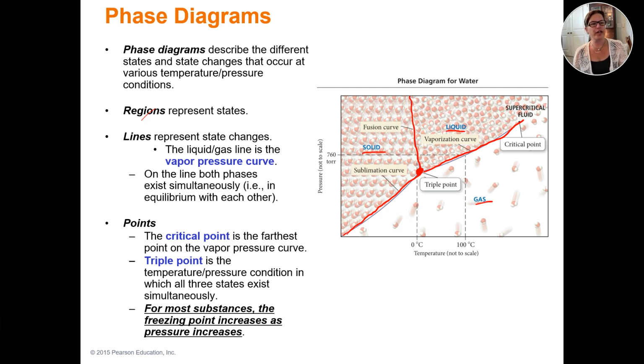So this line right here, that is our sublimation curve. All that means is when a solid completely goes right to a gas without any liquid phase. The best example of that, probably your grandma's mothballs. A lot of people used to put them in their closet as a way of absorbing moisture.